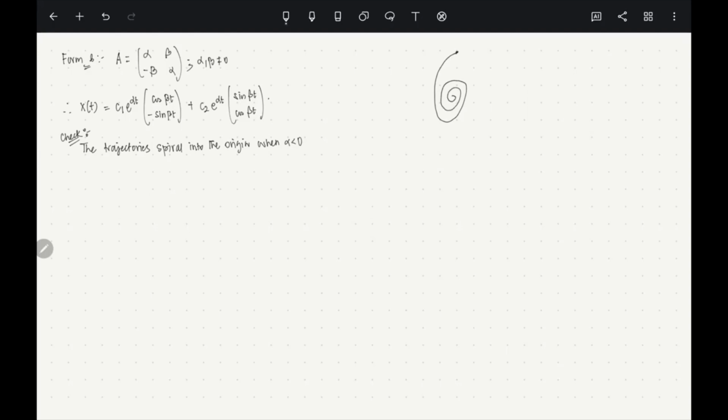Because of this cosine and sine thing, they move in a circular fashion. Since alpha is negative, e power alpha t is huge at minus infinity, so it is coming from far away. How it comes towards the origin we will discuss later, but for now understand that it comes from minus infinity, kind of like a spring, going towards the origin like this.